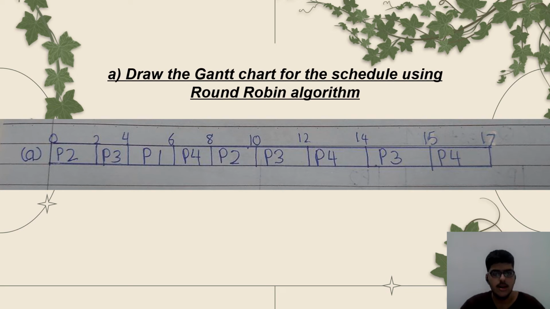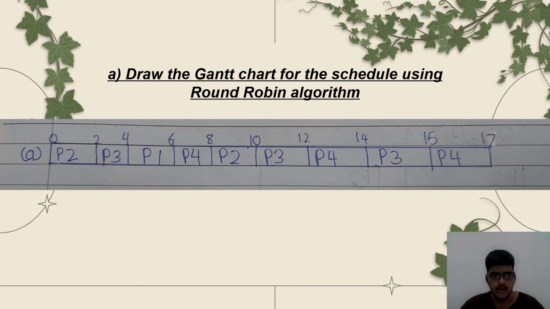From 15 to 17 is P4. For question A, the quantum is 2. So 2 times 2 is 4, 4 times 2 is 6, 6 times 2 is 8, 8 times 2 is 10, 10 times 2 is 12, 12 to 14. Why is P3 only times 1?